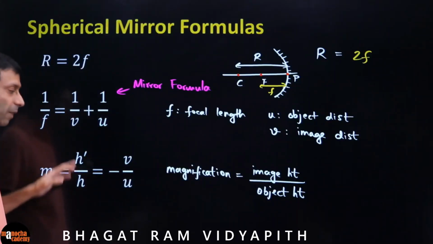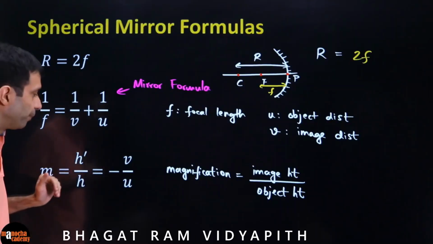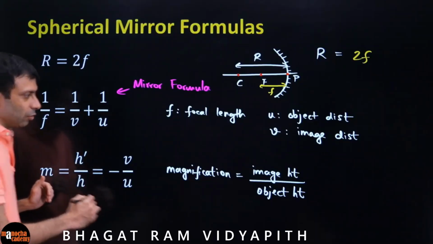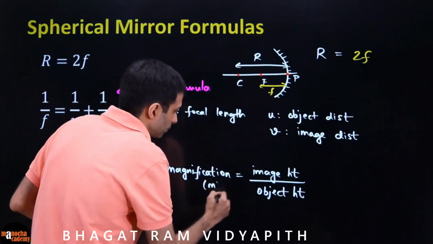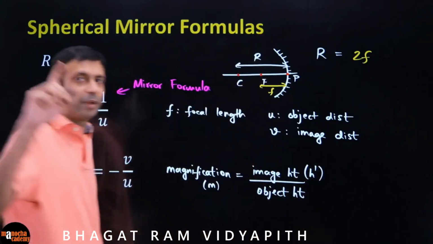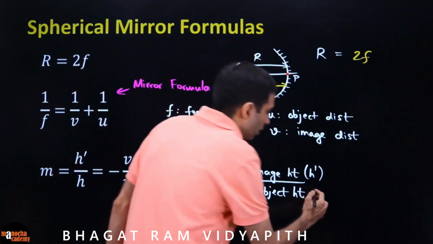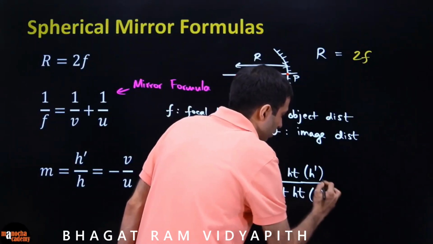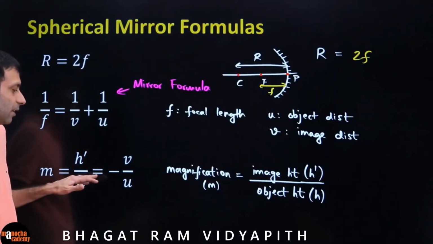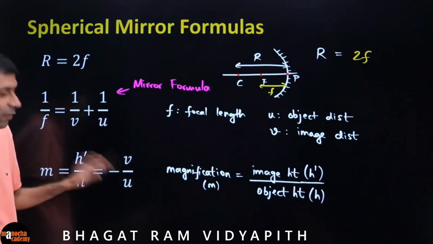Now one very interesting thing, magnification is connected to the image and object distance. How? Magnification, image height by object height. So this is our M. Image height is labeled as H dash. In some of the books it might be written as HI for image and HO for object height, or H dash and H. So whichever convention you are using, that is equal to image distance by object distance but with a negative sign.